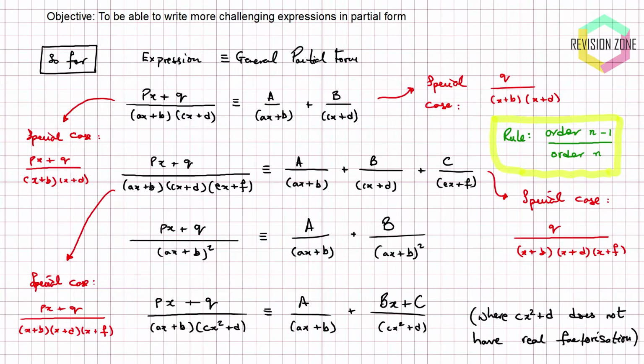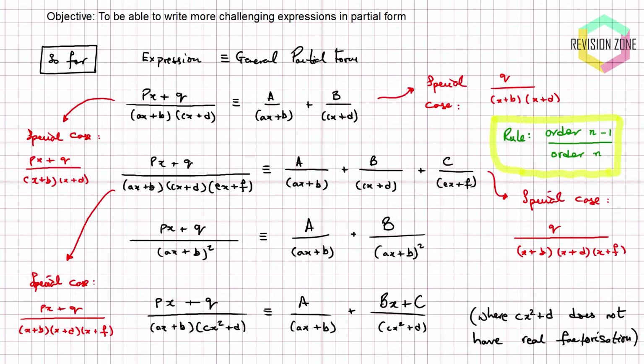We actually need two separate fractions, because otherwise the thing on the right hand side won't really be a partial fraction. It will just be one fraction, right? So we need at least two for it to be a partial fraction, and the denominators are going to be the exact same factor we had on the left hand side, but we're going to have two copies of it once and then just one copy of it, right? And the numerators can just be constants that we're going to figure out later.